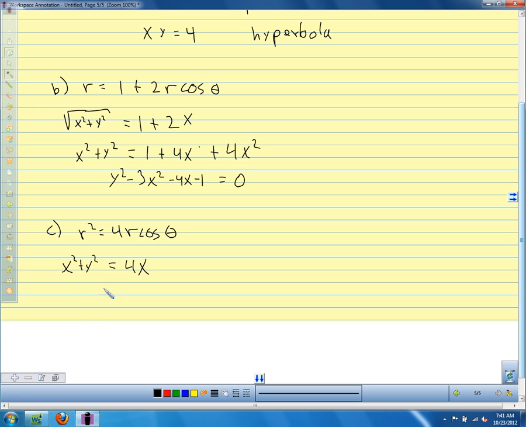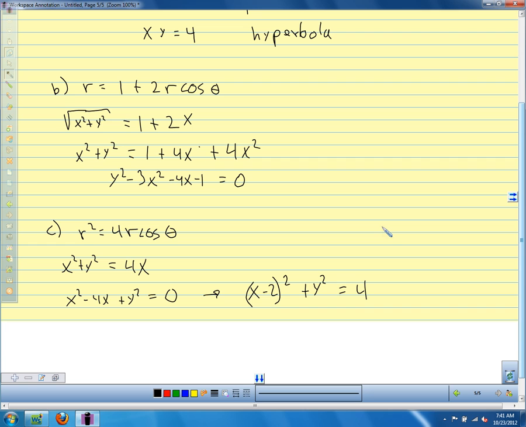So this one's not bad. We just gather everything: x squared minus 4x plus y squared equals 0. Again, complete the square, and we have x minus 2 squared plus y squared equals 4, and we would have a circle. So this is the equation of a circle.